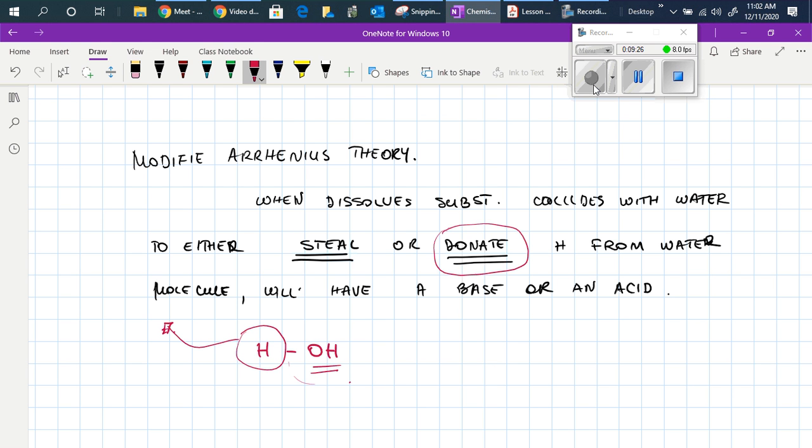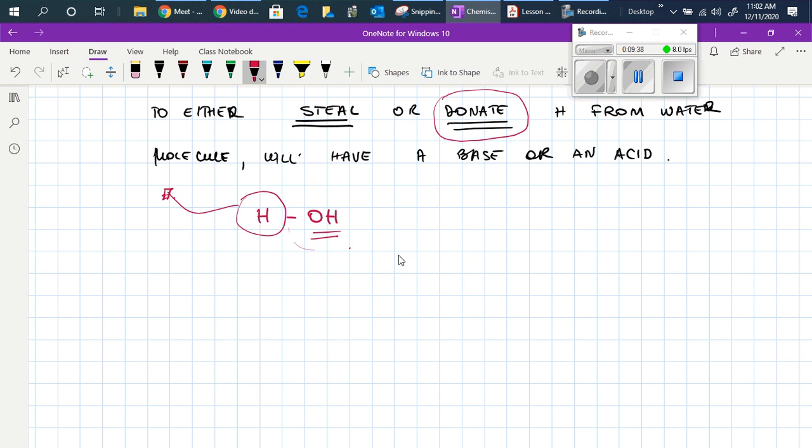And when the hydroxide is stolen, given away, then we are left with the hydrogen. So what is happening here, the hydrogen acids will donate the hydrogen plus to the water molecule to form, as we have established now, hydronium, H3O+.